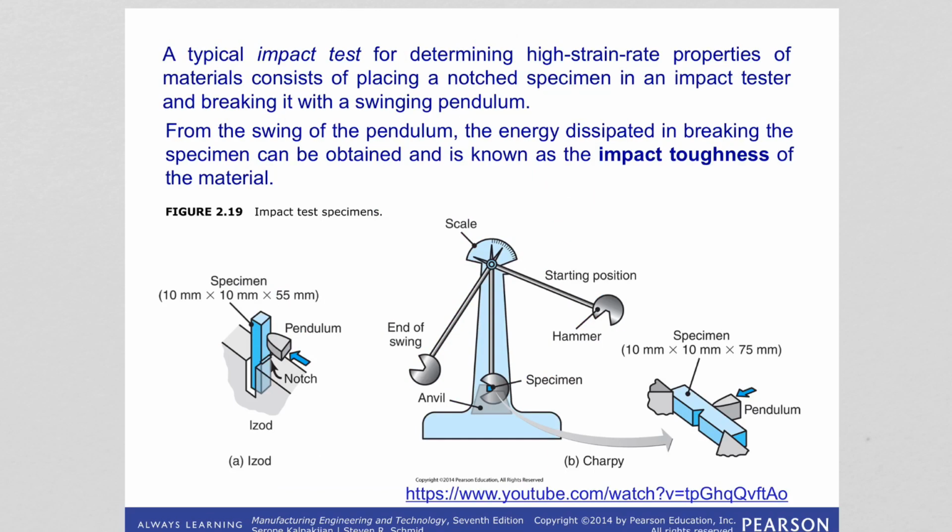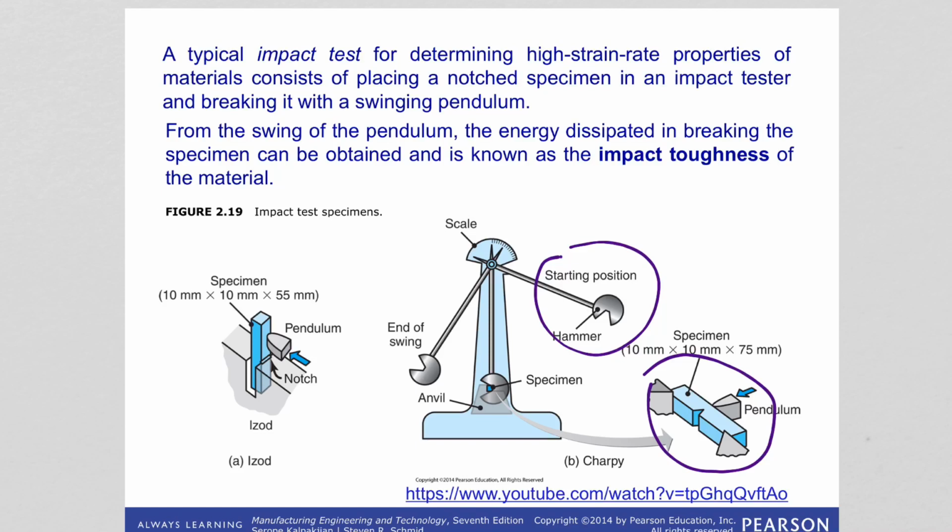So again, during manufacturing operations, materials are subjected to impact and or dynamic loading. And a typical impact test is done when we place a notched specimen in an impact tester and break it with a swinging pendulum. Of course, the pendulum has initially certain potential energy, and here is your notched specimen.